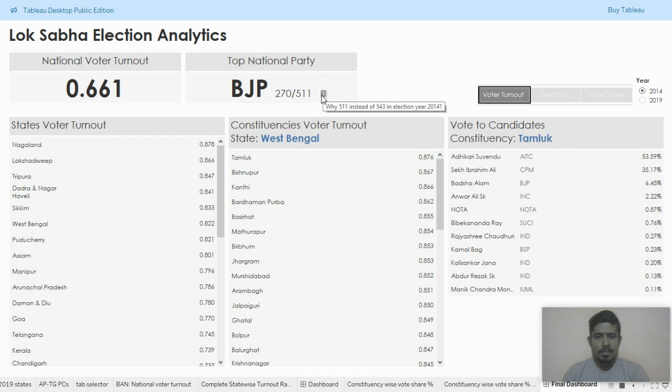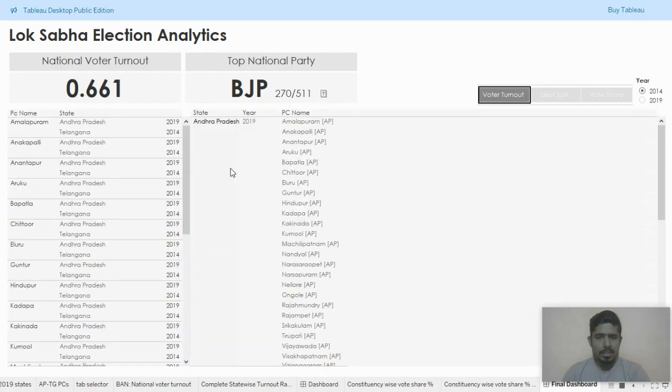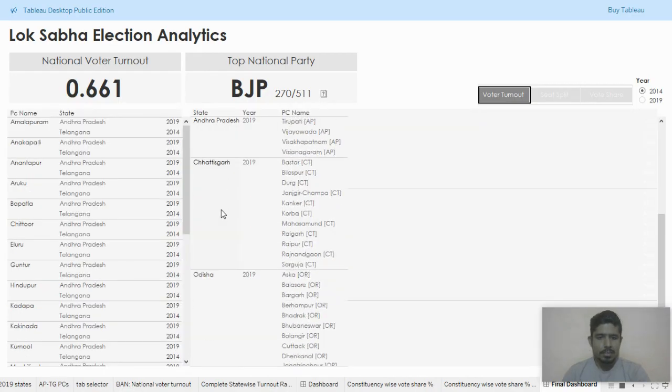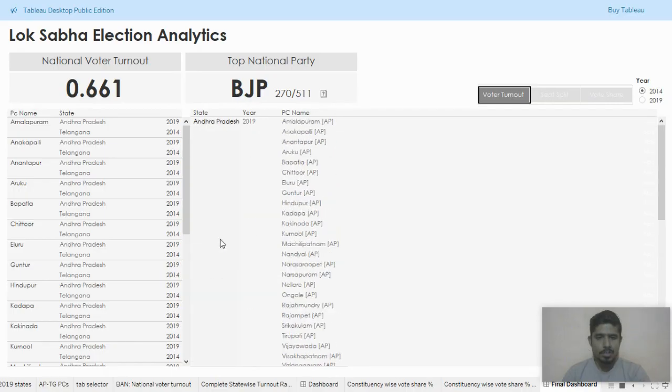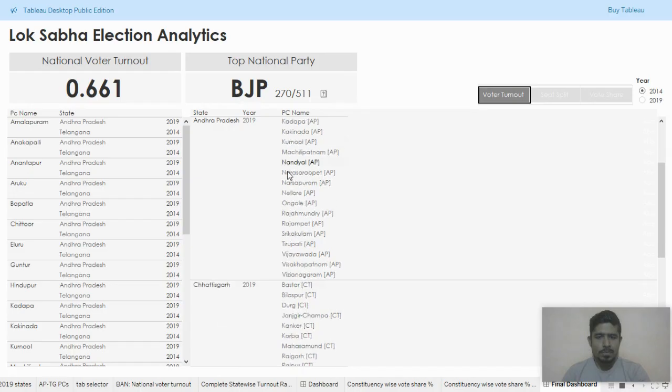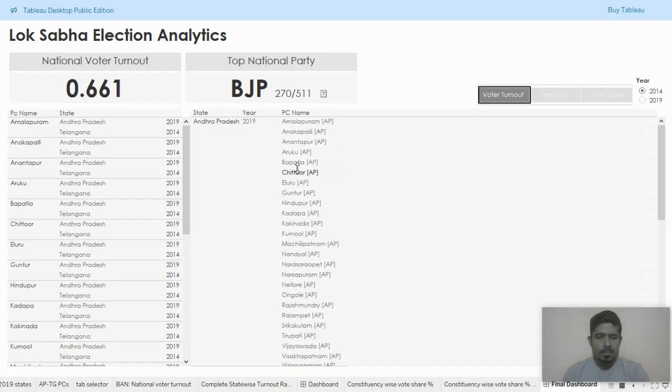Why 511 instead of 543 in 2014 election? Let us see that. As I explained earlier, these three states, Andhra Pradesh, Chhattisgarh, and Odisha, were non-existent in 2014 election data. And these 25 constituencies were under Telangana in 2014 election data, not under Andhra Pradesh.